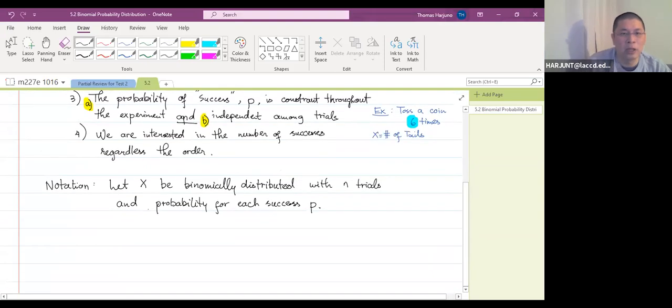Then X is distributed binomially with n and p. The random variable X is distributed binomially with number of trials n and probability of success p. That's the notation.